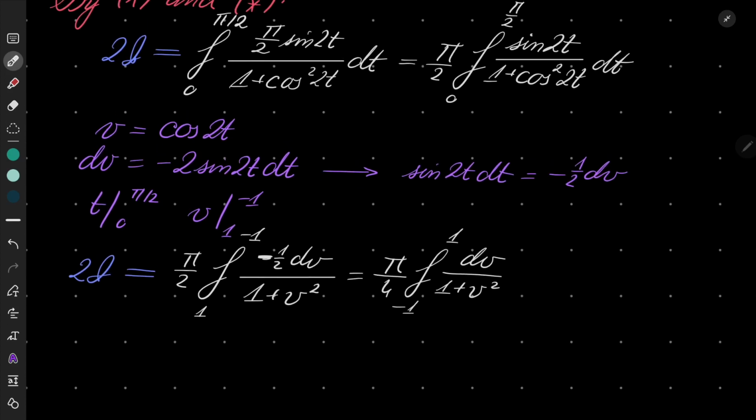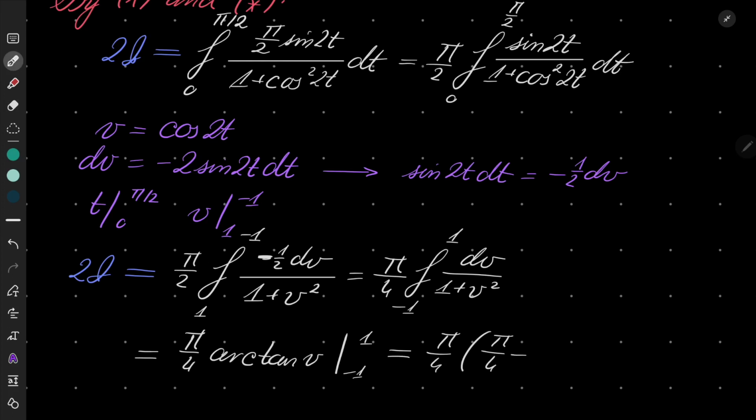And as we know, this integral is just pi over 4 times arctangent of v evaluated from minus 1 to 1. And now remember that arctangent of 1 is pi over 4. I'm sorry, there should be pi over 4 here. So we have arctangent of 1 is pi over 4, and arctangent of minus 1 is minus pi over 4.